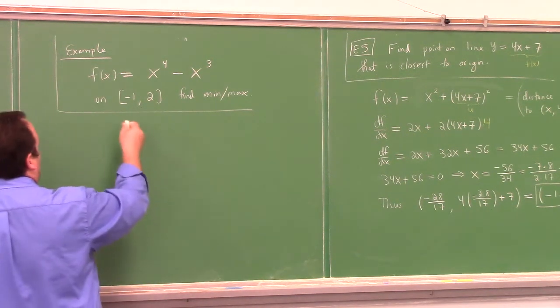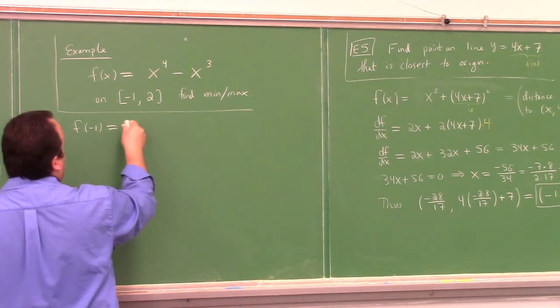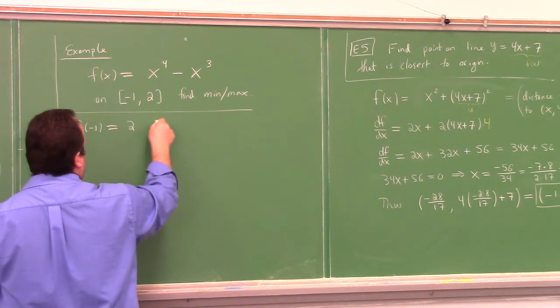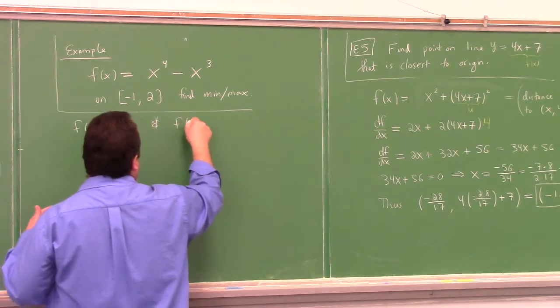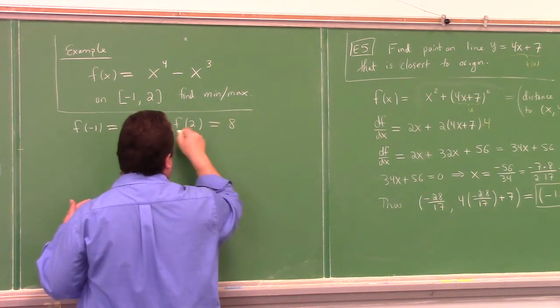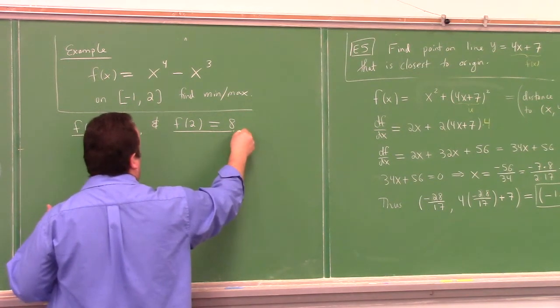So like, f of minus 1 is what? Minus 1 minus what's 2, right? What's f of 2? 16 minus 8? 8. All right, so those are two contestants in the battle for min-max.